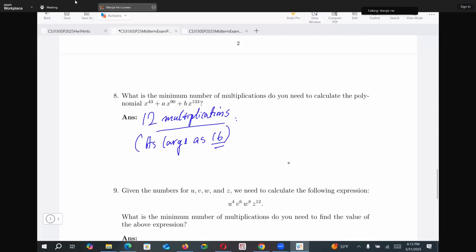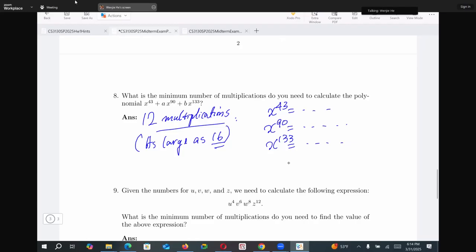Because some students split. They represent x to the 43rd, then separately x to the 90th, another way of representation, then x to the 133rd, then add them up. In this way, you didn't take advantage of the special property of these terms.